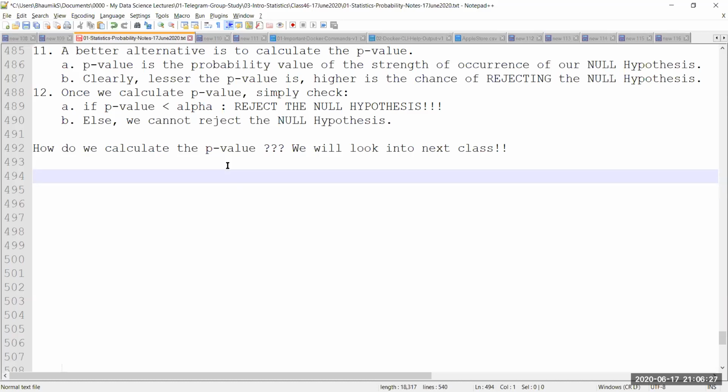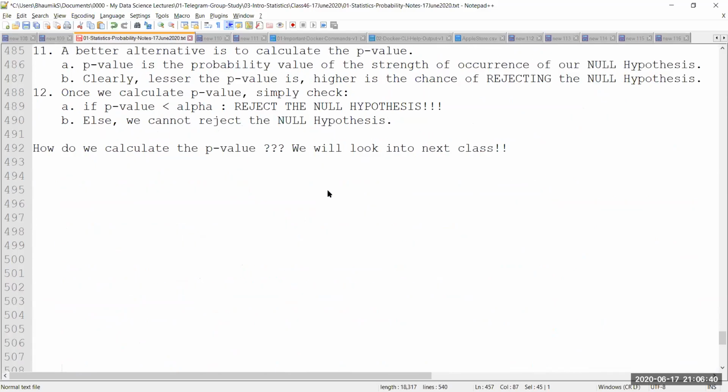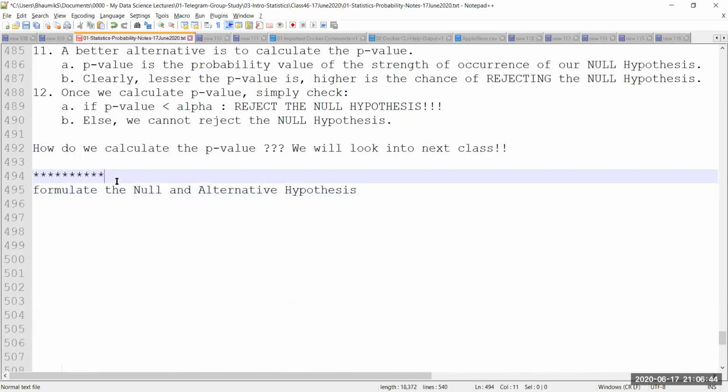Let's see how much we can do. So we saw in the first point only, during hypothesis testing, we firstly formulate the null and the alternate hypothesis. So let's take some examples of these, and then we'll take a few more examples of hypothesis testing itself.